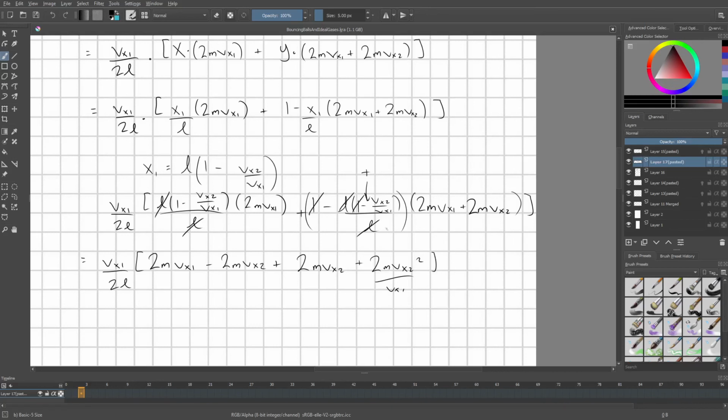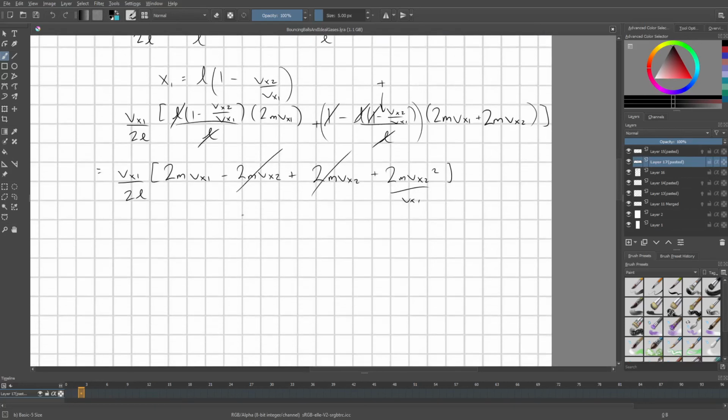This is going to be so beautiful. These guys cancel out with each other. And watch this. This vx1 multiplies over 2m times vx1 squared plus 2m vx2 squared times vx1. This 2L multiplies over 2L, over 2L.